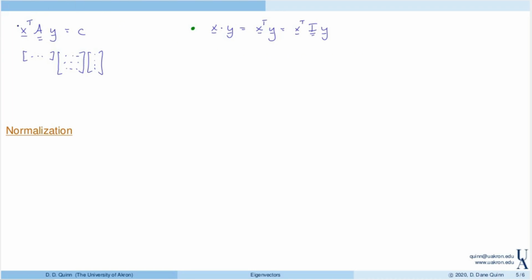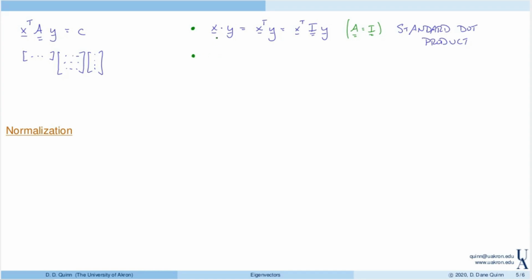So this form with a equals I, the identity matrix, is the standard dot product that we've all learned about.